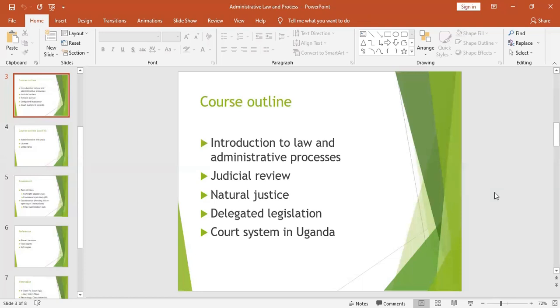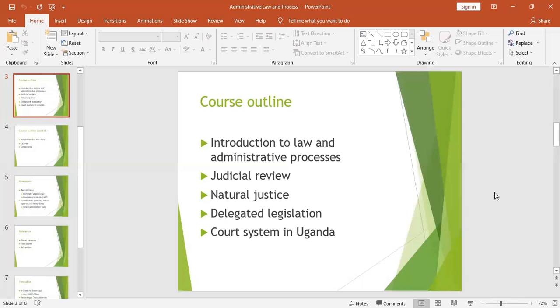So law is part of everyone's life, and therefore, it is of great necessity for all people to have knowledge about the law. It is after having knowledge about the law that you will be able to know your rights, your obligations, duties, and to know where to go and what to do in case your rights have been violated.